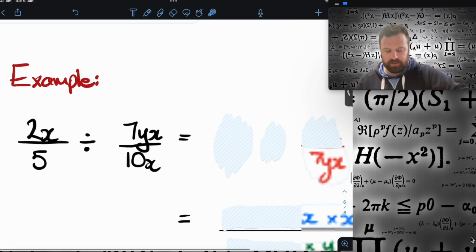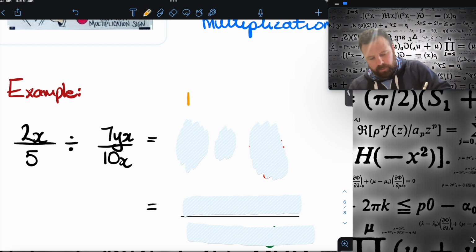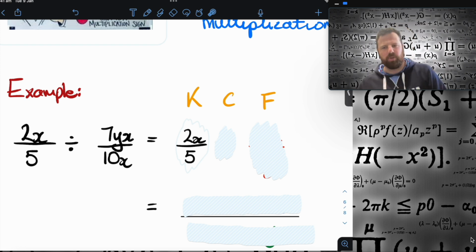Here in our example, we have 2x over 5, and we're going to divide it by 7yx over 10x. So my first step is we are going to KFC this. By KFCing it, we keep that first fraction the same. 2x over 5 stays 2x over 5.